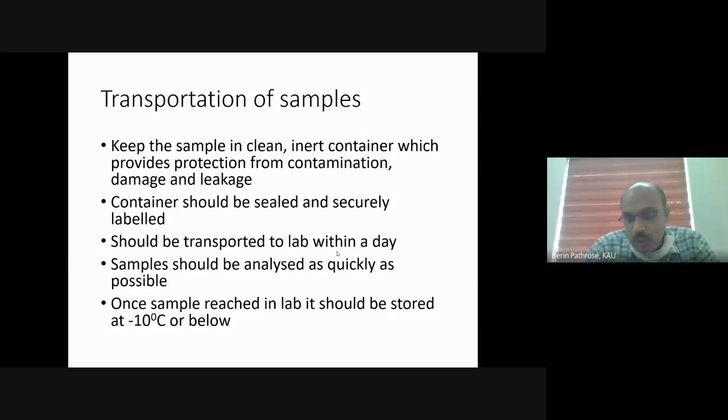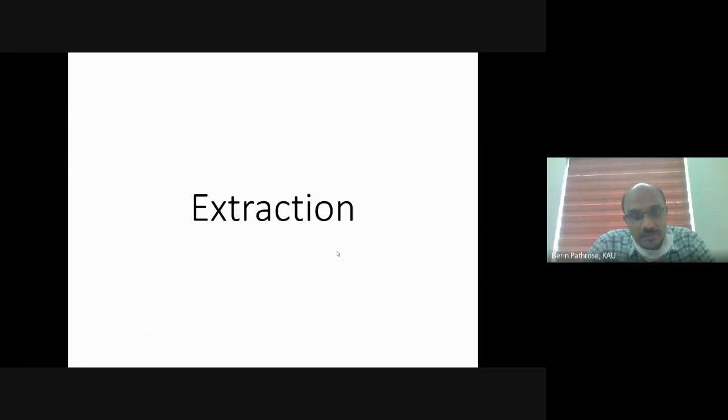So the sample should be sealed in a container properly. It should be properly labeled, and the container should prevent any chance of contamination, damage, and leakage, and should be transported as quickly as possible and analyzed as quickly as possible. And if we are unable to analyze it quickly, we can store it at minus 10 degrees Celsius.